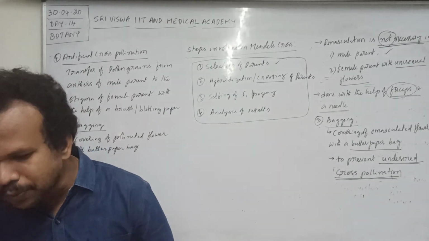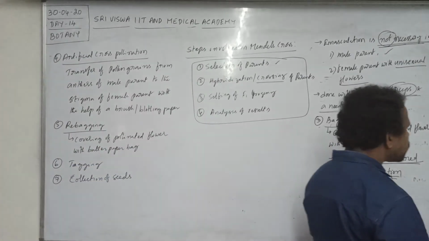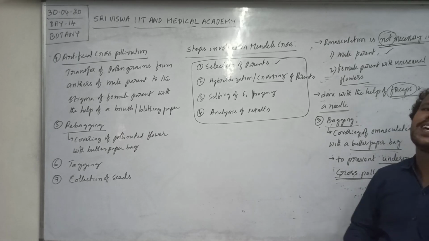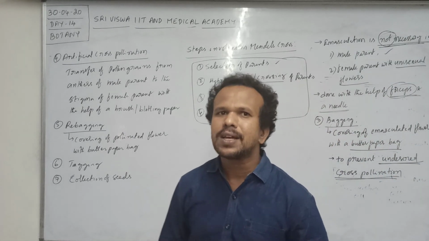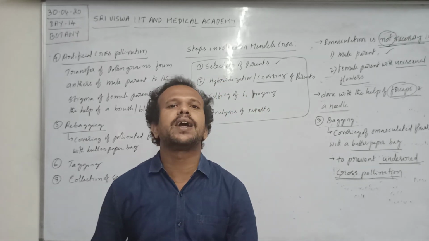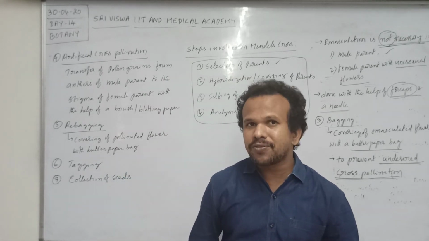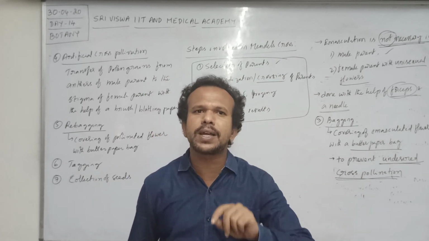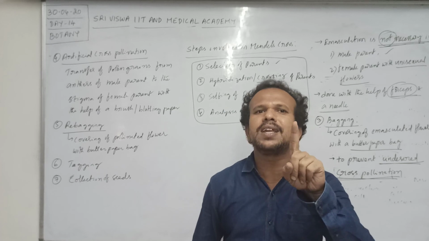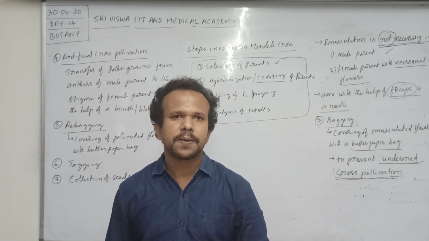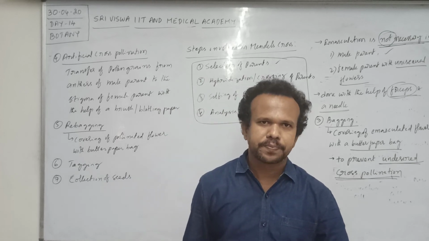However, the most important question here: what is a monohybrid cross? What is a dihybrid cross? What is a trihybrid cross? We will discuss in detail mainly monohybrid cross and dihybrid cross. A monohybrid cross is a cross made between two parents differing in a single contrasting trait, I mean a single character.